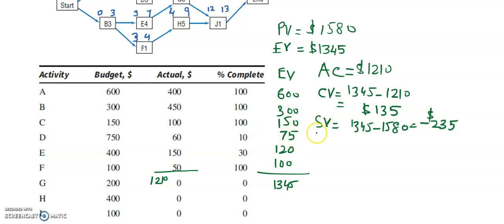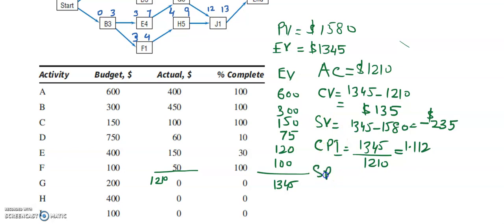Okay, so cost performance index will be equal to earned value 1345 divided by the actual cost 1210. 1345 divided by 1210 equals 1.111, so it will be approximately 1.11.